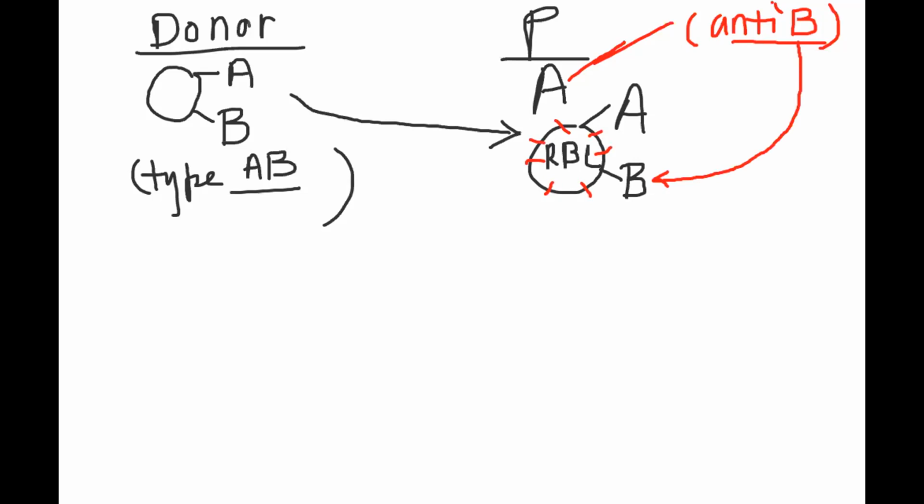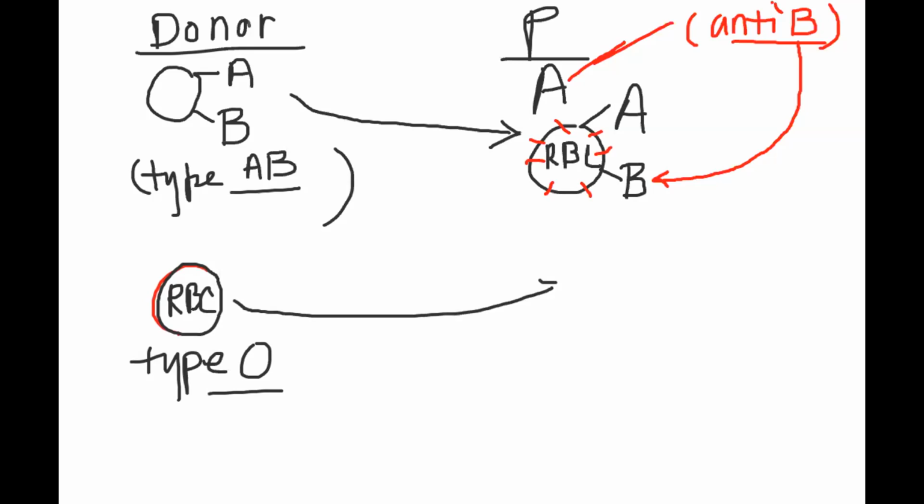Okay, one more. Oops, let me change color. Donor's RBC is type O blood. What does that mean? No A, no B antigens on the surface. Can this blood be used on this patient?